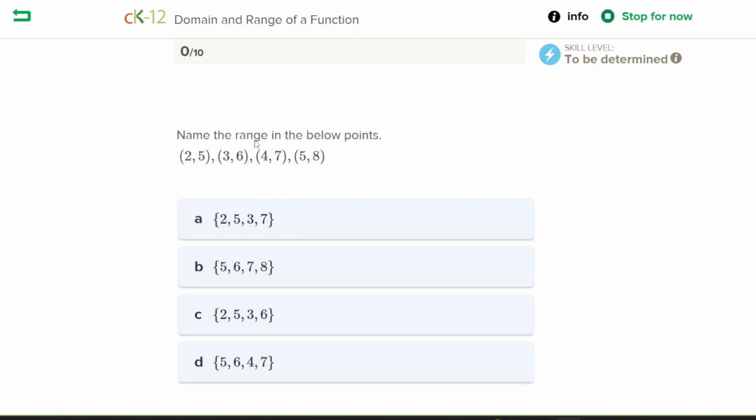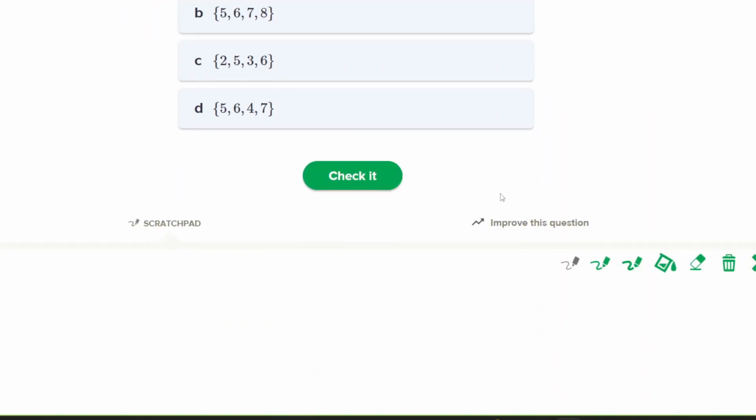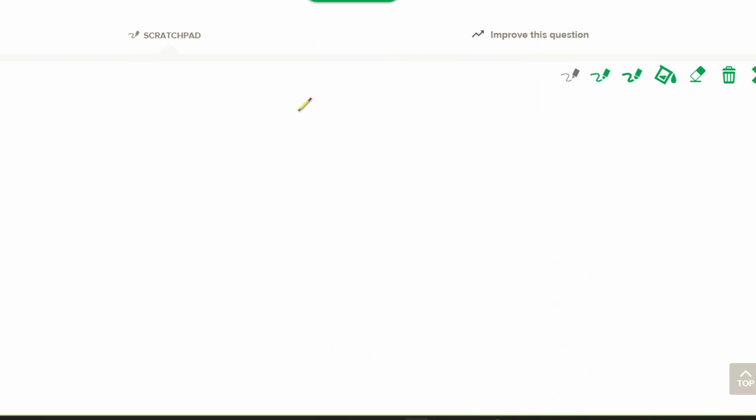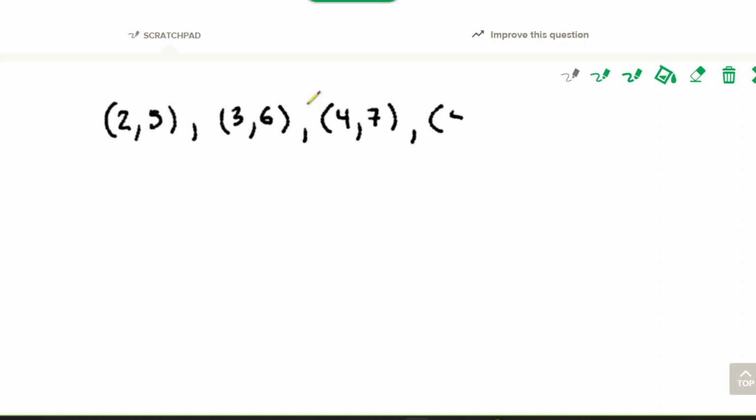We're asked again for the range of this set of ordered pairs. All right, so first I'm going to write this out. Pull up my scratch pad here. So yes, we had the ordered pairs 2, 5, 3, 6, 4, 7, and 5, 8.